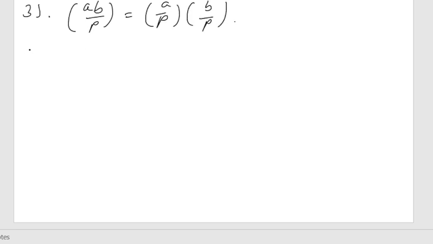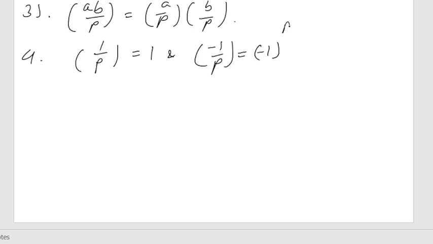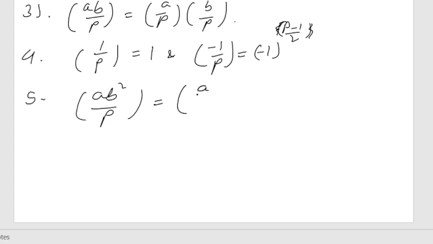The third property is, the Legendre symbol of AB by P is equal to the Legendre symbol of A by P times that of B by P. The fourth one is the Legendre symbol of 1 by P is equal to 1, and of minus 1 by P is equal to minus 1 to the power P minus 1 divided by 2. And the fifth and last one is the Legendre symbol of A B square by P is equal to the Legendre symbol of A by P. Let's see its proof one by one.